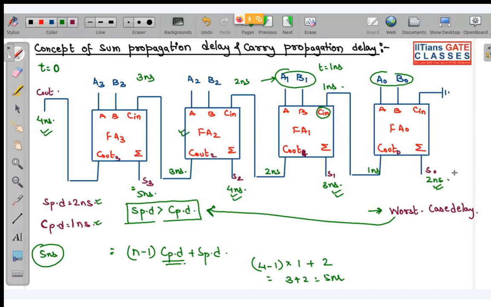Okay, is this clear? So note it down very quickly. Note this quickly.